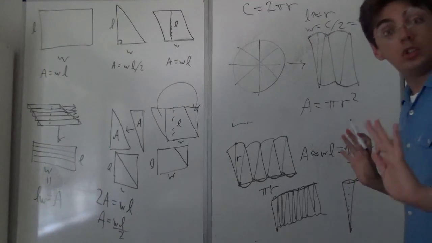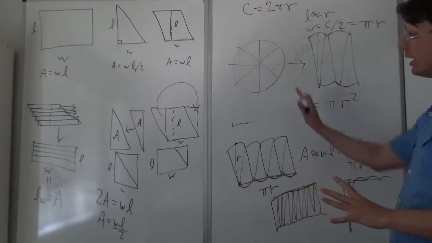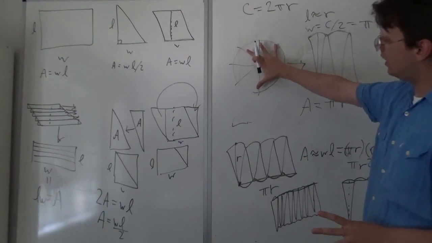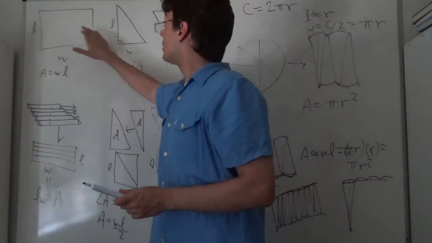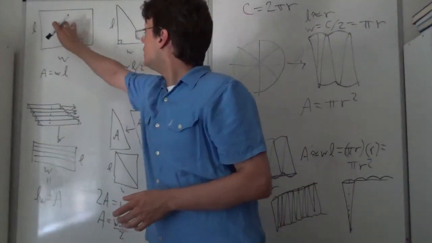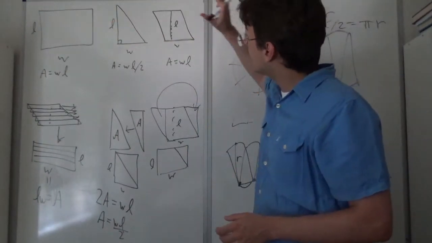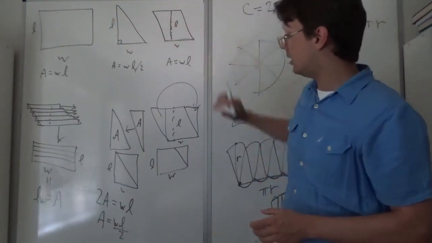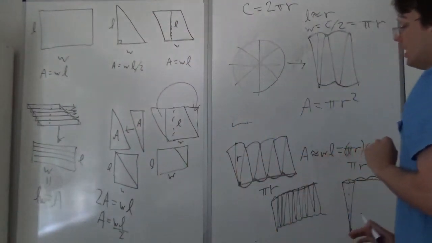So again, the basic idea of how we figured out what the area of a circle is: first we remind ourselves of the shapes we already knew and how we knew them. Whether it was filling it with tiny squares, making copies and turning them, or cutting them up and moving them around. In this case, we sort of used a combination of these two techniques.